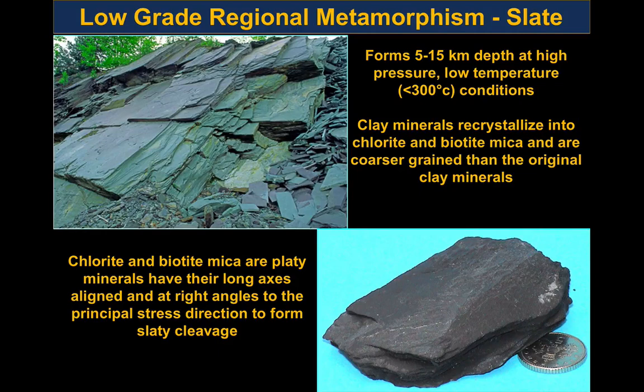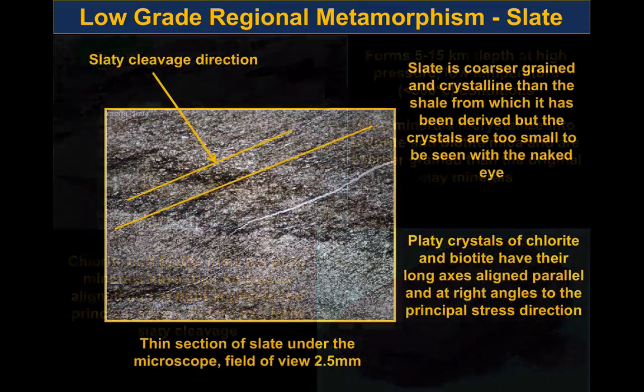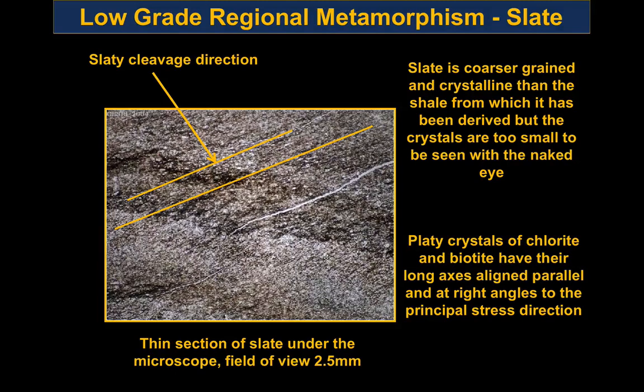The foliation in this rock is called a cleavage. It's not always easy to see in a thin section, but if you look carefully on this slide, you can see there is that preferred orientation, that alignment of crystals.